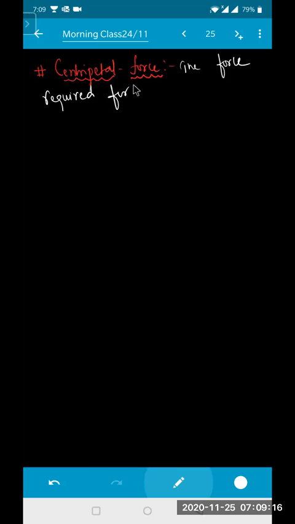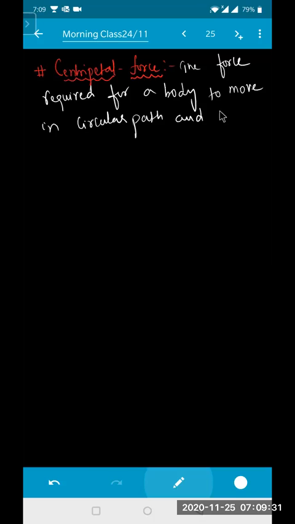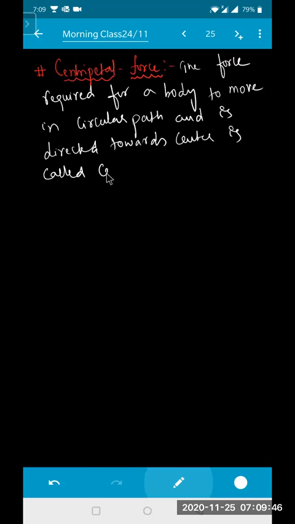So I can say right now, the force required for a body to move in a circular path and is directed towards the center is called centripetal force.